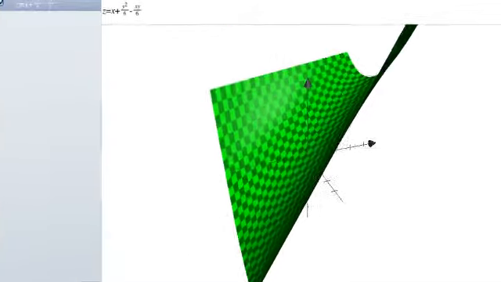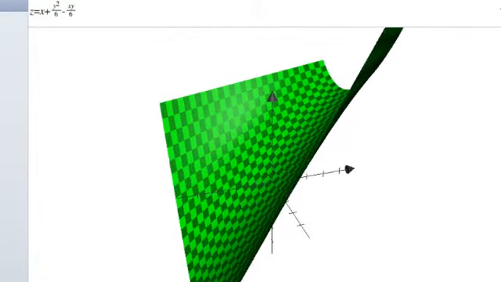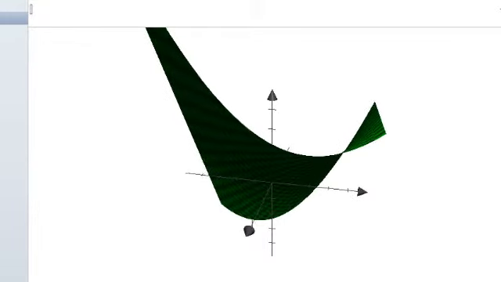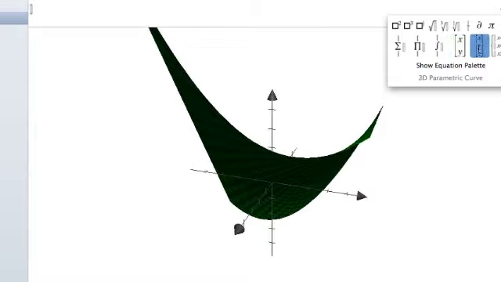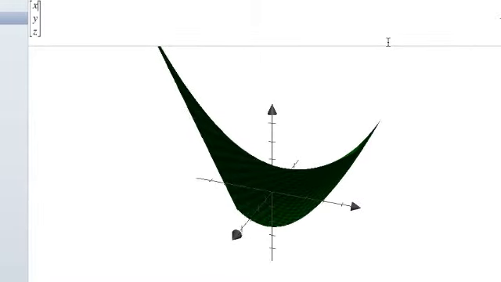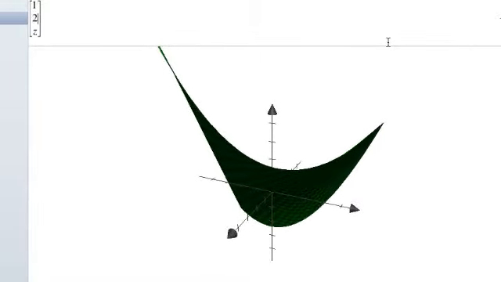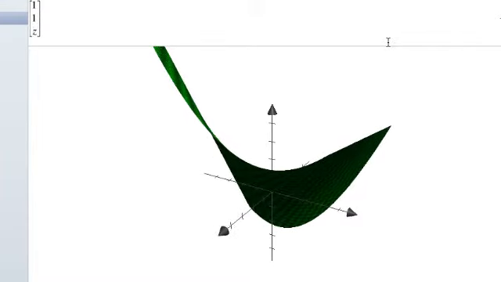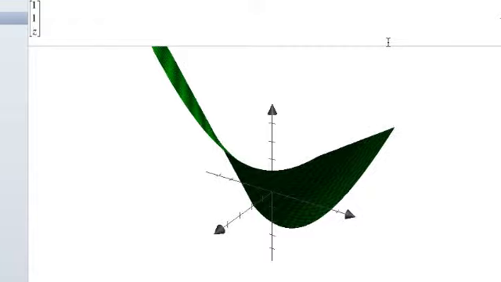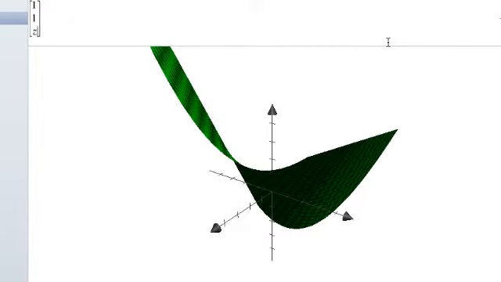So if I go back to my function, here's a graph of it. Okay, the first thing I'm going to do is plot the point that we want to do. So the point is just when x is 1 and y is 1, and z, it turns out, is 1 plus 1/6 minus 1/6, so just 1. So 1, 1, 1.